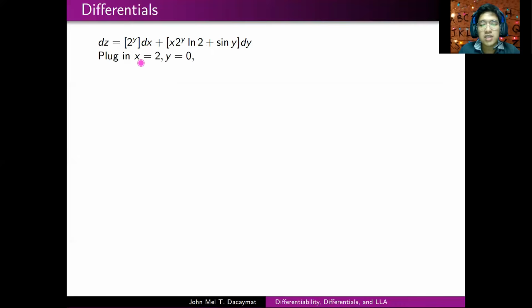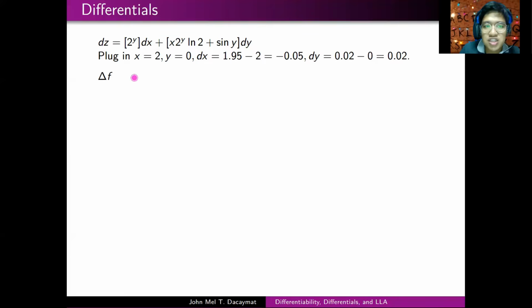So we plug in x equals 2, y equals 0, dx equals the new value minus the old value, so that's negative 0.05, and dy is the new value minus the old value, 0.02. And if we plug in all of those values, I am looking for delta f, the exact change in f, and it's approximately equal to dz or df, which is this, when we plug in these values right here.